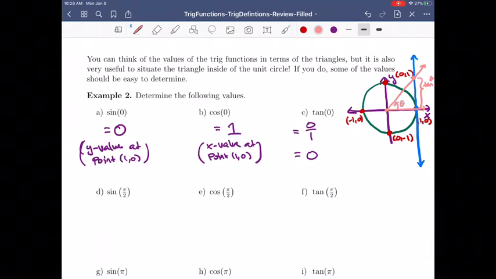It makes sense for the angle 0, because it intersects at this point, the y value, so it's 0.